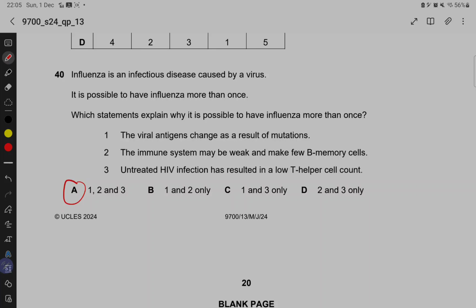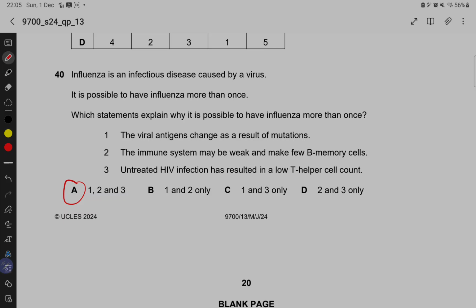The answer for this is A. It's like kind of just common sense. When you have an untreated HIV infection, it's going to be easier for you to contract more diseases. When your immune system is weak and has fewer memory cells, you'll be less able to combat the second coming of influenza.